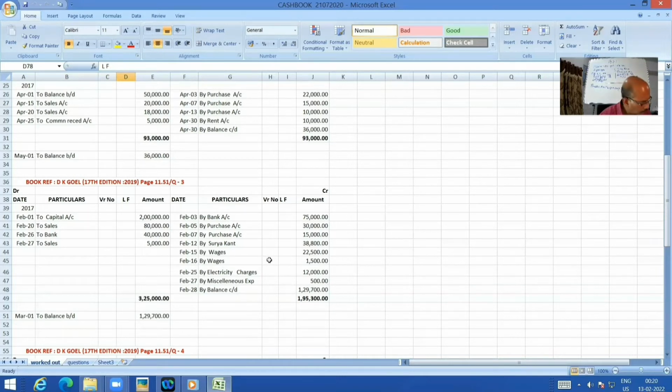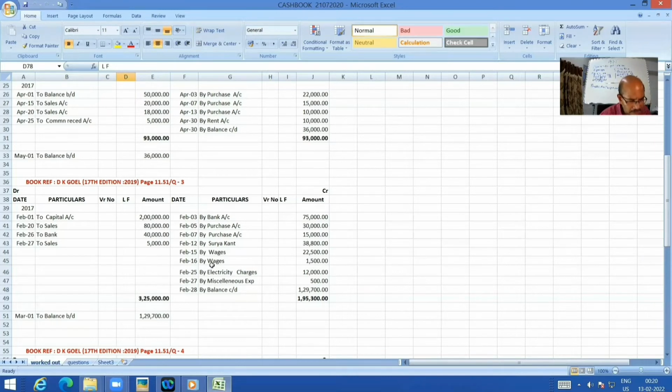That's enough. Okay. Paid wages in cash. How much? 22,500 by wages. Paid to casual labor. That's also another way of informing that wages have been paid. Casual labor all comes under wages. Only permanent employees are paid salary. Okay, fine. Sold goods to Devraj for cash. Devraj is to be ignored here.